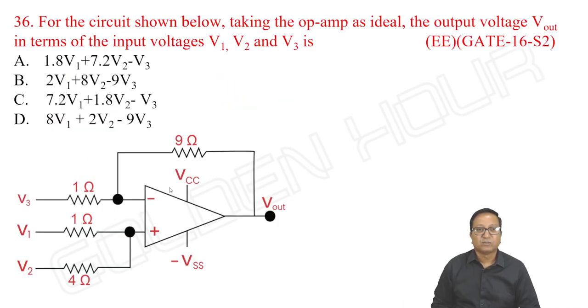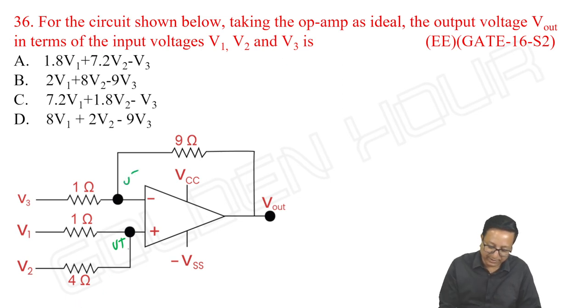See this question. For the circuit shown below, taking the op-amp as ideal, the output voltage in terms of its inputs V1, V2 and V3 is. Okay. So it is V plus and V minus, which is of course equal to V plus.